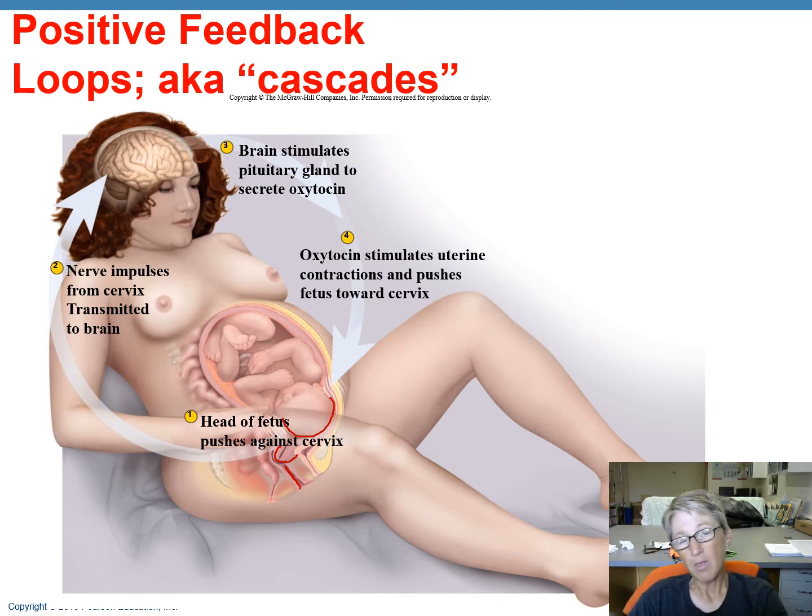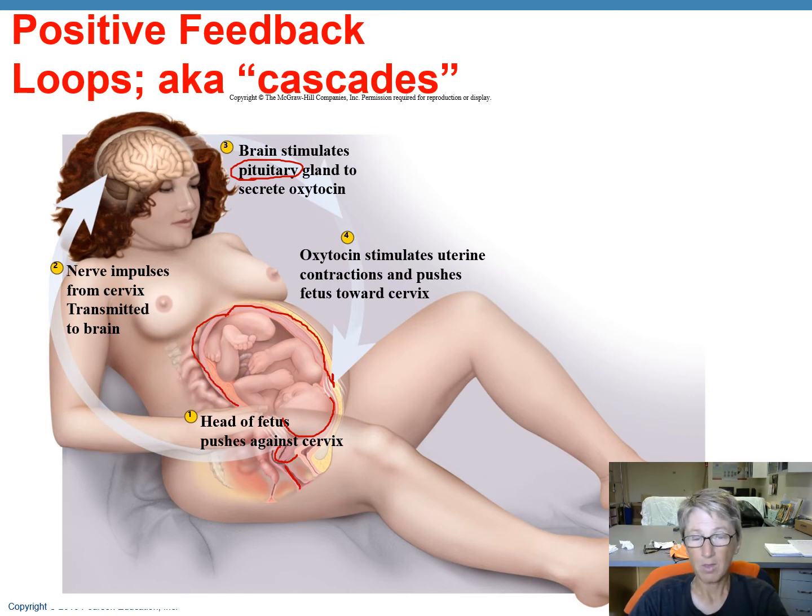So then those nervous impulses go to the brain, which stimulates the pituitary gland to secrete oxytocin. Oxytocin is a hormone that will travel in the blood, actually not in the nervous system, but in the blood, and oxytocin will bind to smooth muscle cells in the uterus, and it will tell those uterine smooth muscle cells to contract.